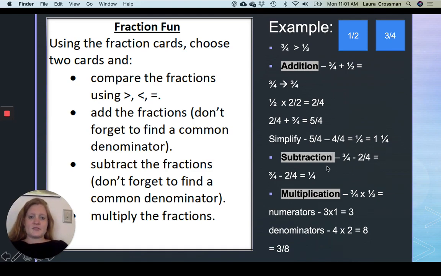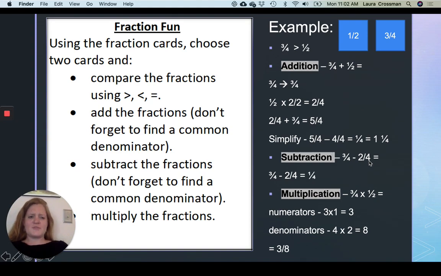Next, I'm looking at subtracting my chosen fractions. I have 3/4 minus 2/4 because I wanted to just keep the fraction with the common denominator.